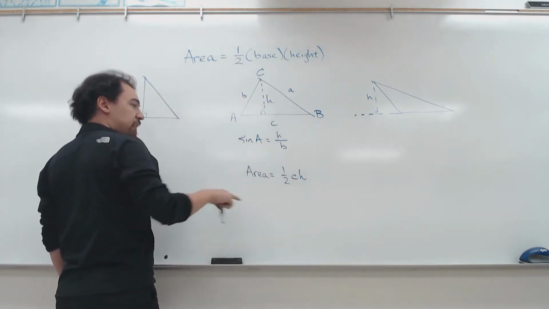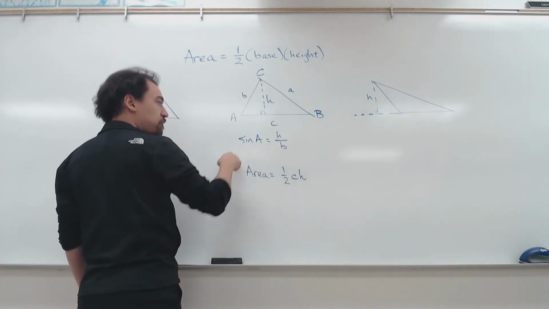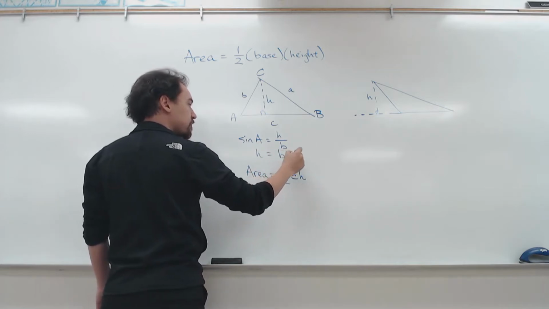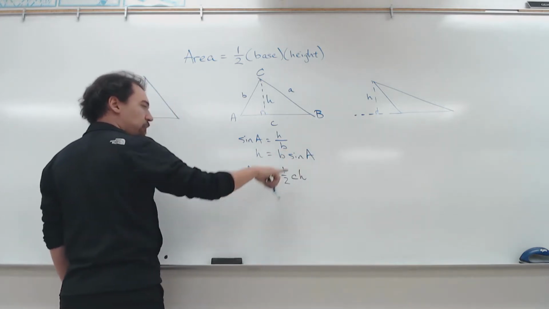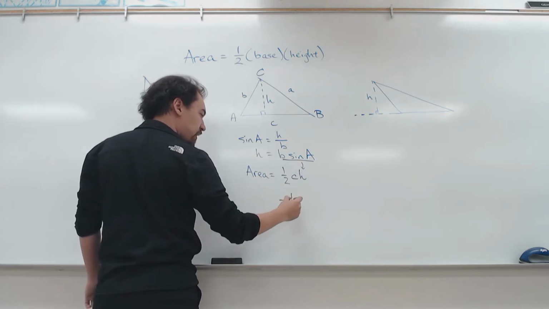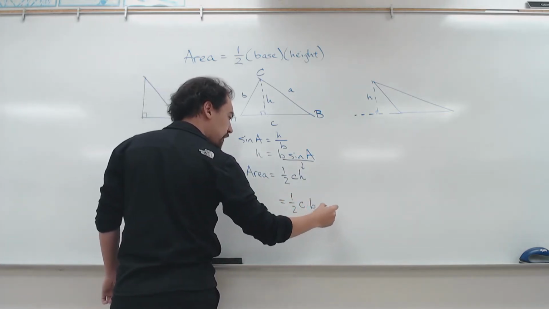We then said we can solve for h by taking h is equal to b times sine of A. We will substitute this expression into here and say the area is 1/2 times c times b times sine of the angle A.